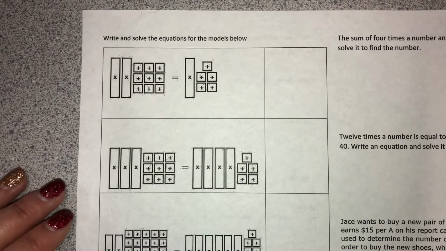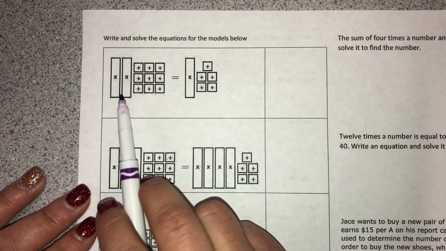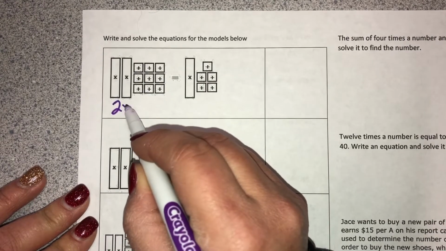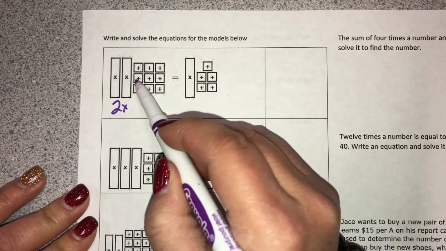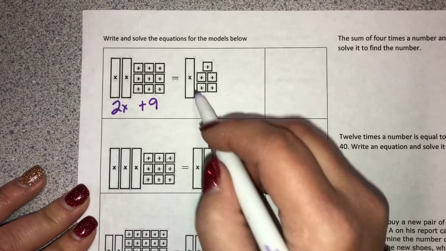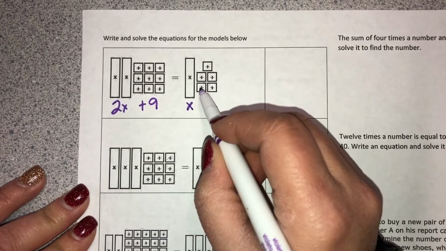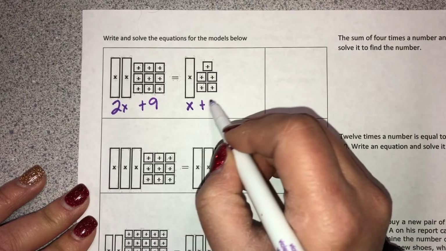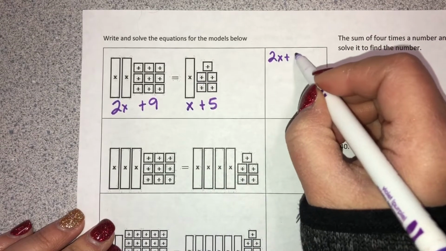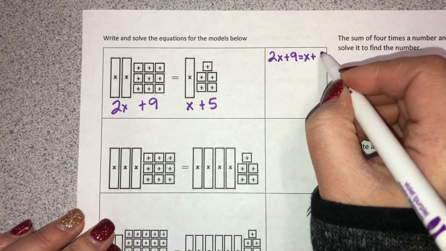Now that you've worked out the problems on your own, we're going to check them. First you want to write these models into an equation. I see 2 x's, and then I see 1, 2, 3, 4, 5, 6, 7, 8, 9 positives. On this side, there's 1 x and 1, 2, 3, 4, 5 positives. So that's your equation. 2x plus 9 equals x plus 5.